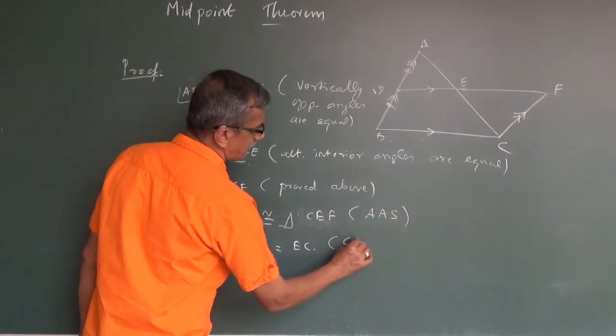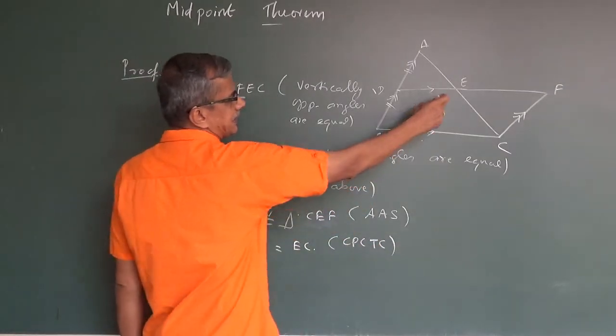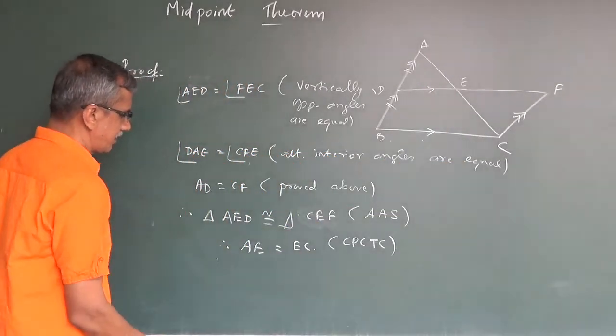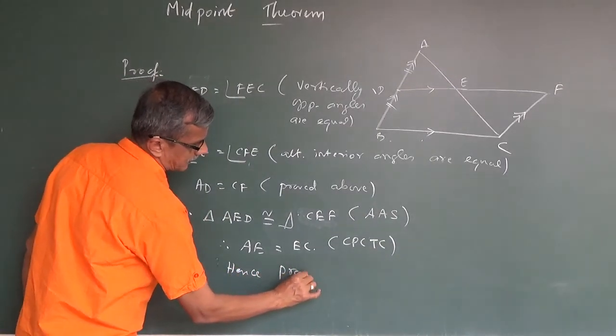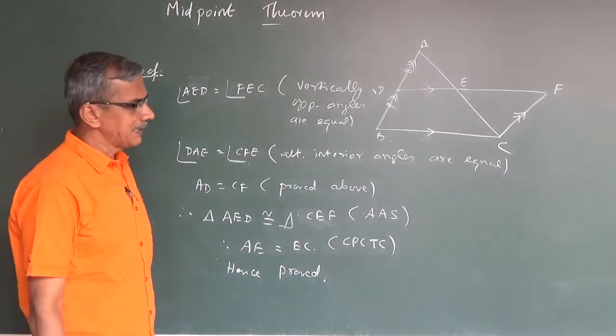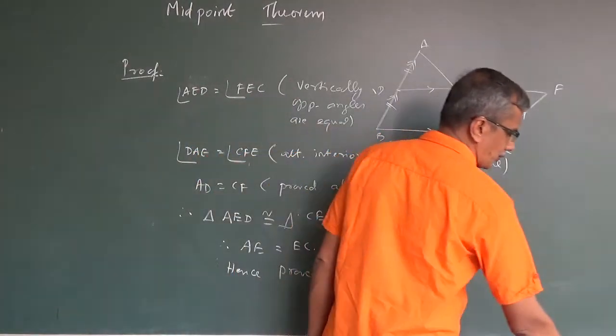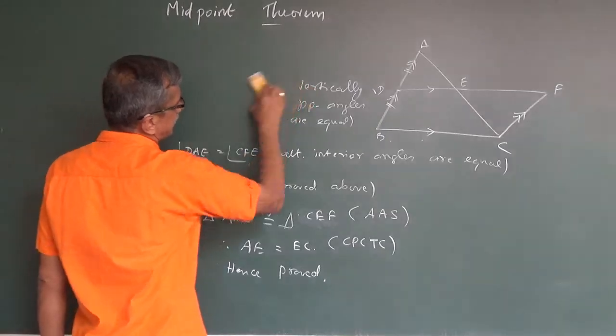AE is equal to EC by CPCTC. So hence proved. We have proved that E is a midpoint of AC. I hope you understood the second theorem. In the next video, I will explain to you how to apply these concepts. So this is the proof of the theorem.